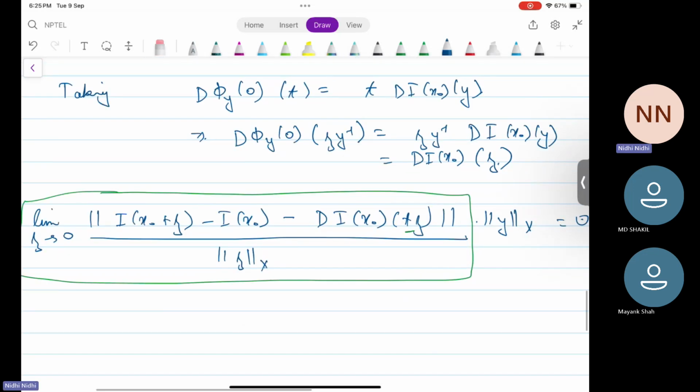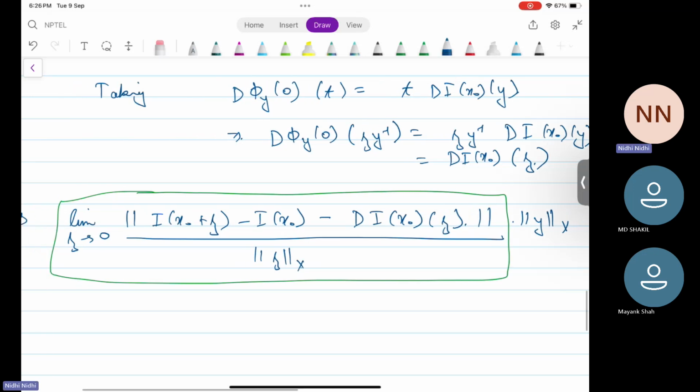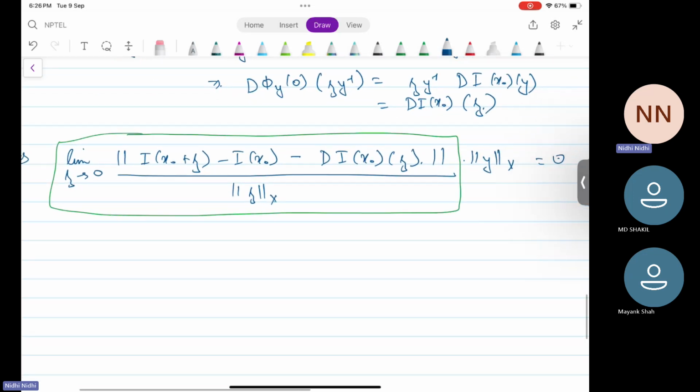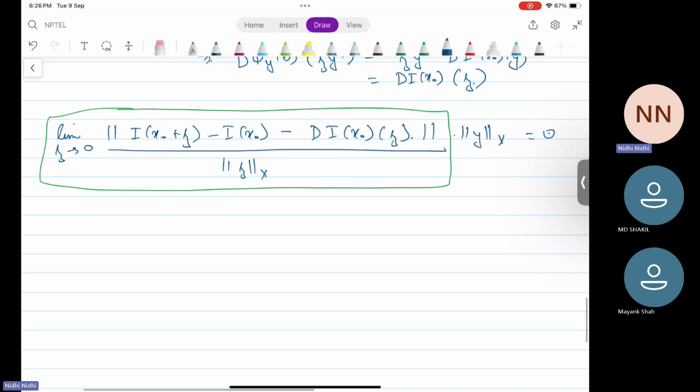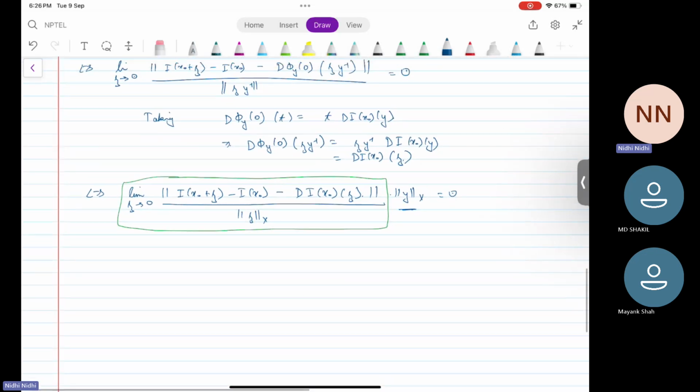Now this is fine. So this is z. Okay, thank you so much. Now since the function I is differentiable, this term will be 0. And again, since this is constant, eventually everything will be 0. That's what we want.